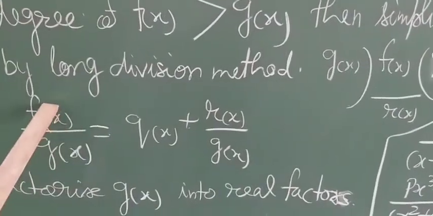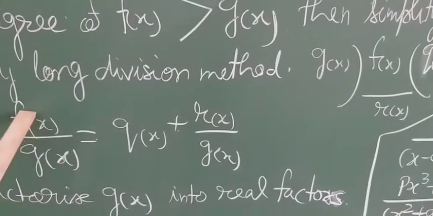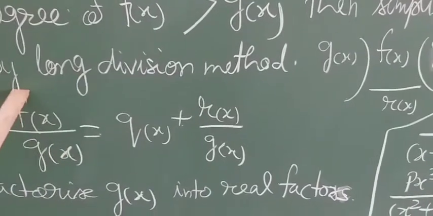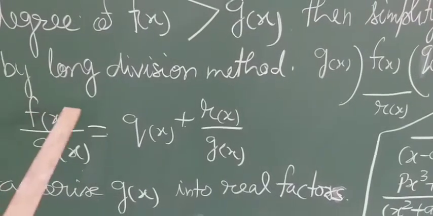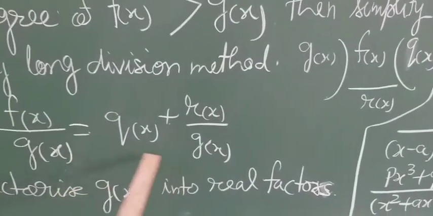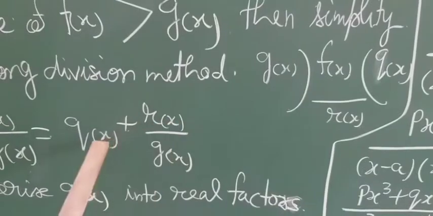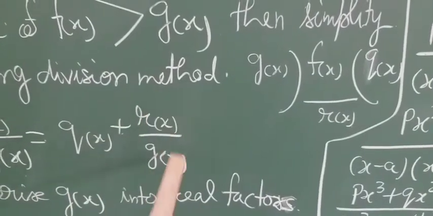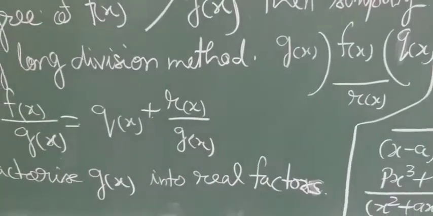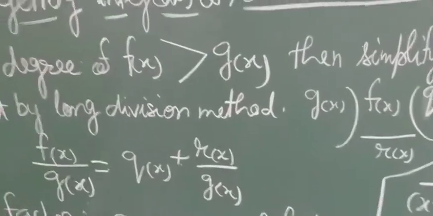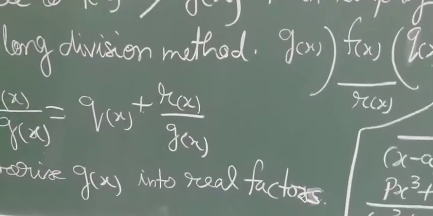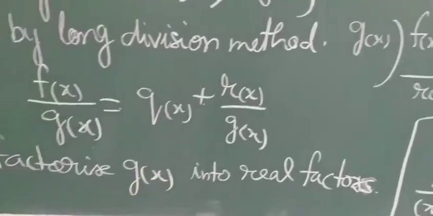Okay, if f(x) upon g(x) is there and the degree of f(x) is more than the degree of g(x), then we have to divide and write the function in the form q(x) plus r(x) upon g(x). As we do with improper fractions, the same we have to do here, correct?